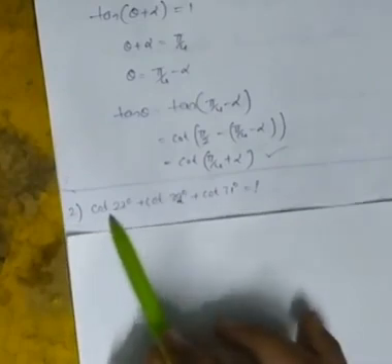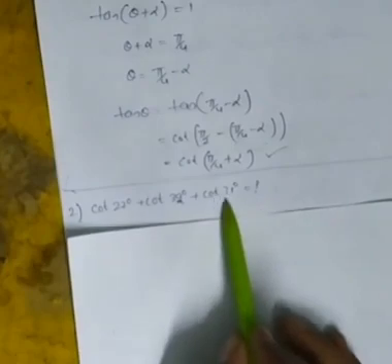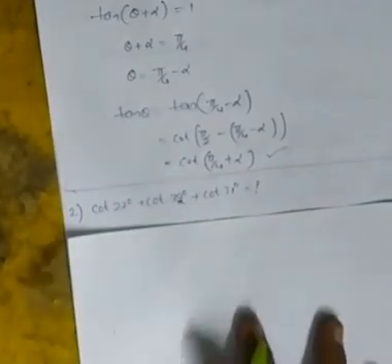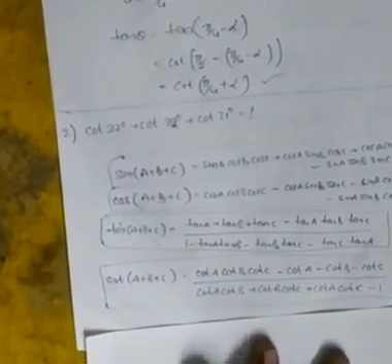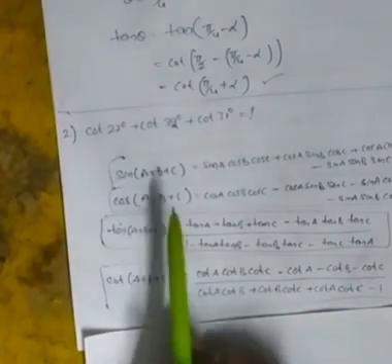It is like cot A plus cot B plus cot C. So we must remember the basic formulas of sin of A plus B plus C, cos of A plus B plus C, tan of A plus B plus C, cot of A plus B plus C. Here are some formulas listed for remembering purposes. You must remember all these formulas.